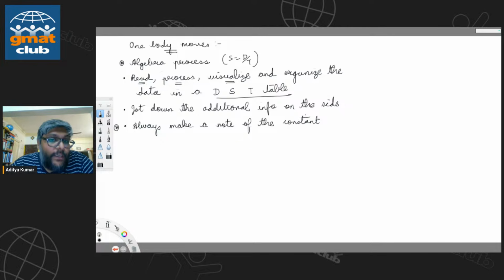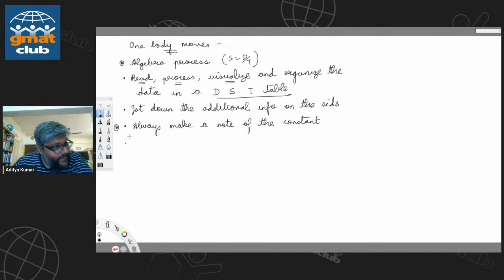Make a note of that constant. The question may give it to you directly, or the question may imply it. Make a note of the constant, write it down, box it up. You may use it, you may not use it, but trust me, the constant always helps at some point or the other.